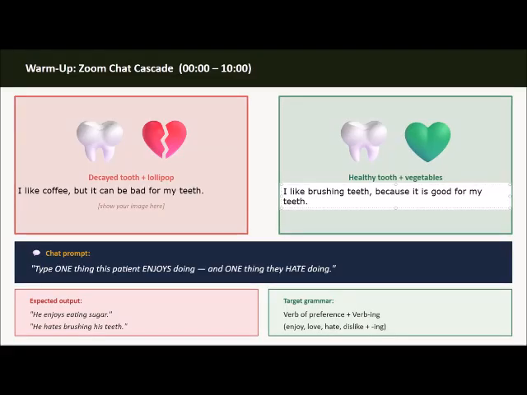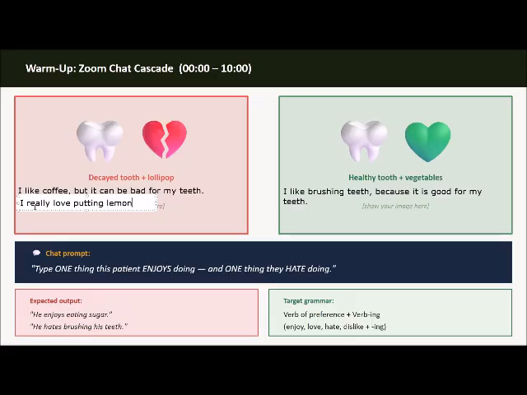Sebastian, give us an example. Yeah, Doc. I really love to put lemon on all my meals, but even though I know it's really bad for the enamel. Yes, that can be problematic, but that's a really good example. I really love, good use of your gerunds there.